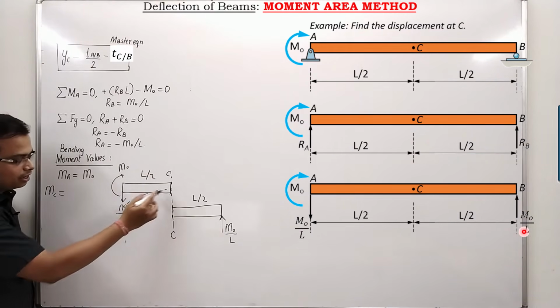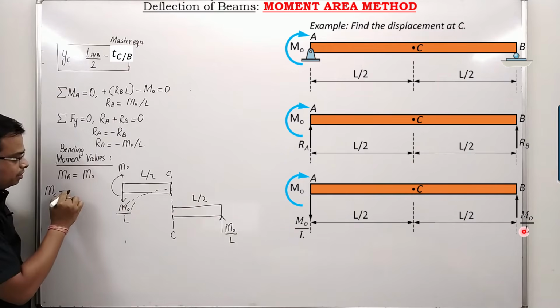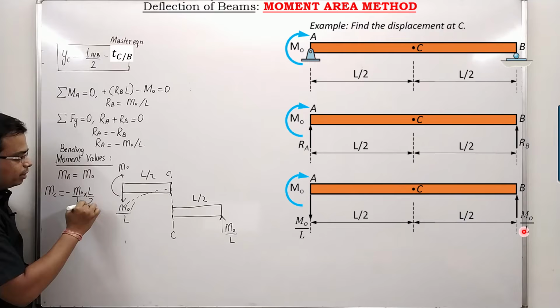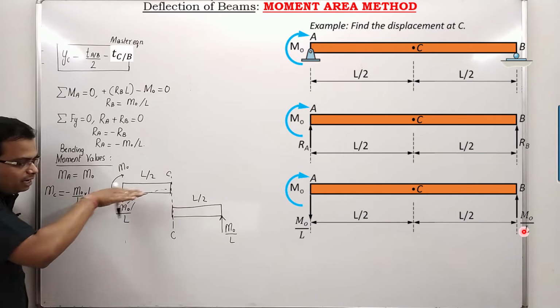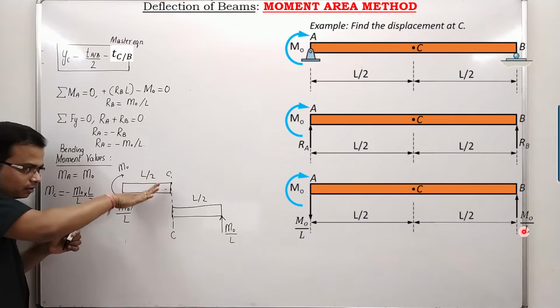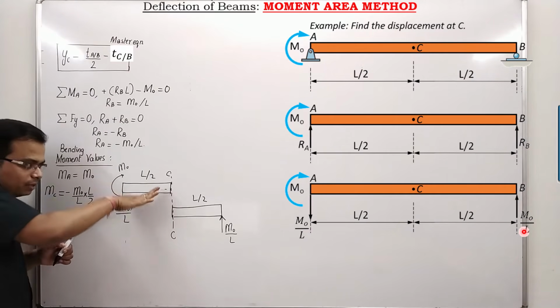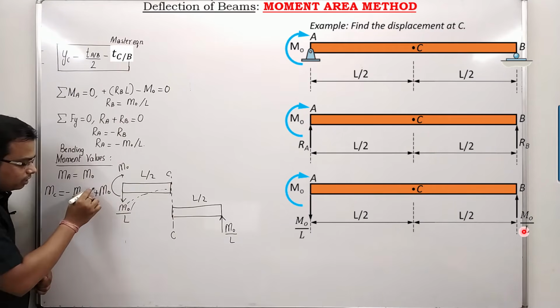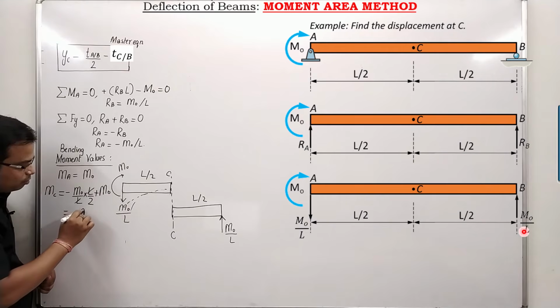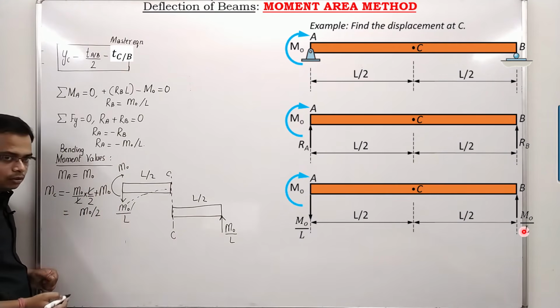This is a clear-cut case of hogging, minus, that is going to be M naught by L multiplied by L by 2. And this couple over here, this moment, will try to bend the beam inwards in this fashion, sagging. So plus M naught. On solving this, L and L will cancel out. M naught minus M naught by 2 will give you the value as M naught by 2, simply.